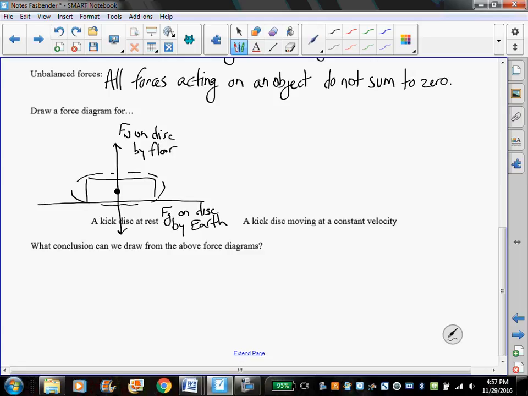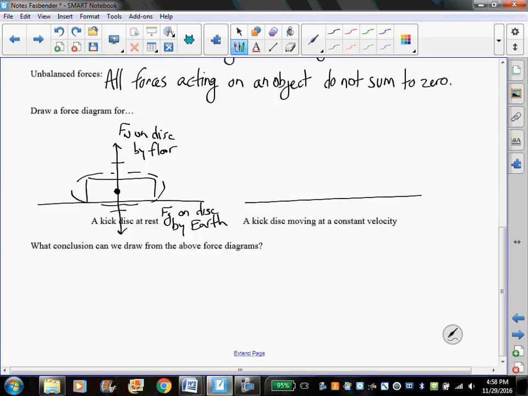But this disc is at rest, so there's no sliding, so there's no friction. There's no ropes, so there's no tension, and there's no hand on this, so there's no applied force. So I think that this is all the forces that we have. So the fact that there is one force down and one force up means that those forces must be equal to one another. Let's think about another kick disc.